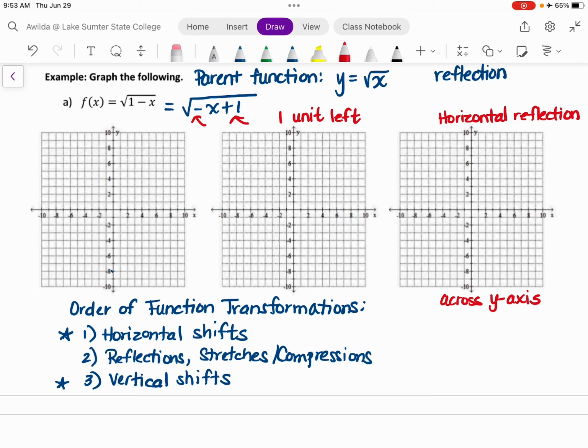So let's start by graphing the parent function. The parent function has an endpoint at 0, 0, then it goes through 1, 1, 4, 2, 9, 3, etc. So it's a little branch here in the first quadrant. When we moved everything 1 unit to the left, then that endpoint moves to -1, 0, and then everything shifts 1 unit to the left.